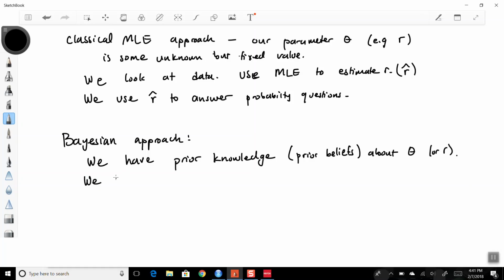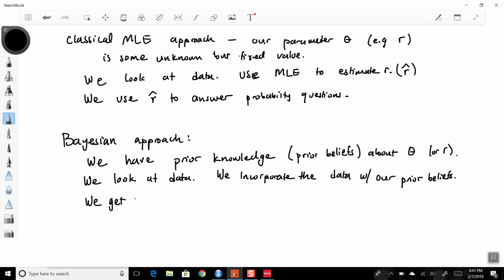We take a look at the data, and we incorporate the data with our prior beliefs. Okay, and thus we get a new, quote, belief about R, and we use that to answer probability questions.